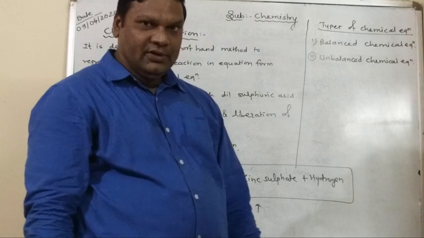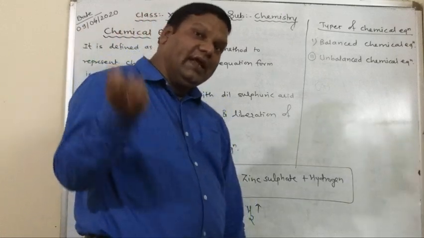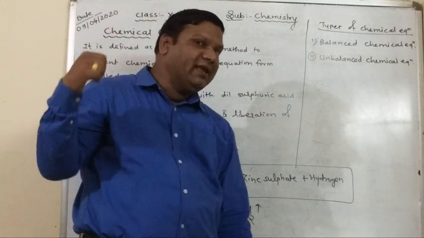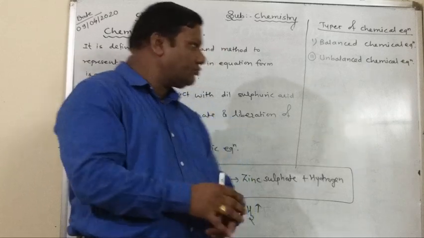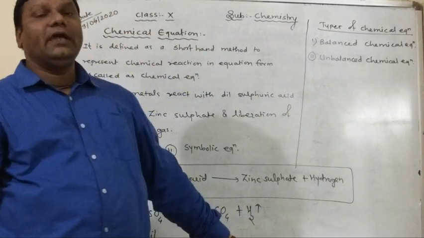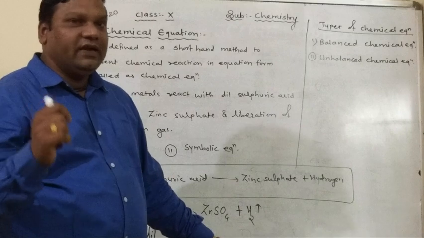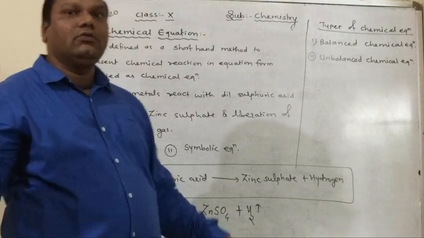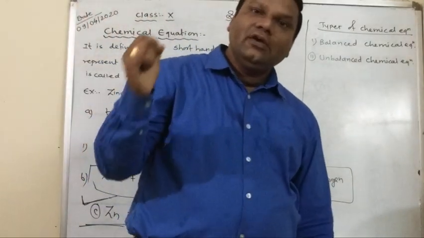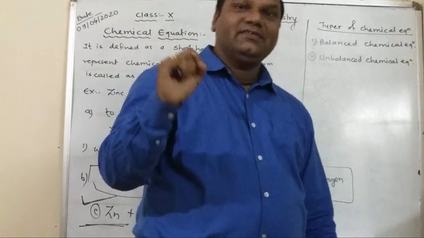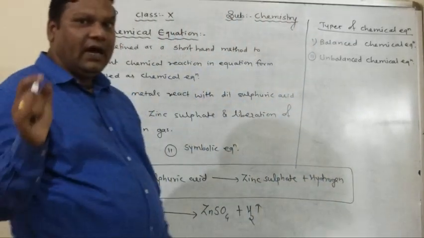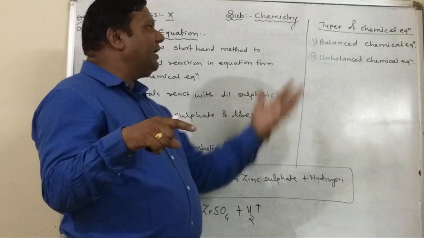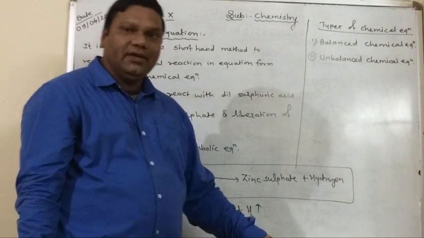the balanced chemical equation is defined by the number of atoms in LHS. You know the meaning of LHS, left hand side. So the number of atoms in the reactant side, that is the left hand side, is equal to the number of atoms in RHS, that is the product side, which is called a balanced chemical equation.